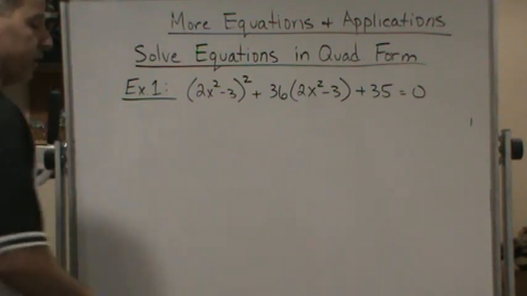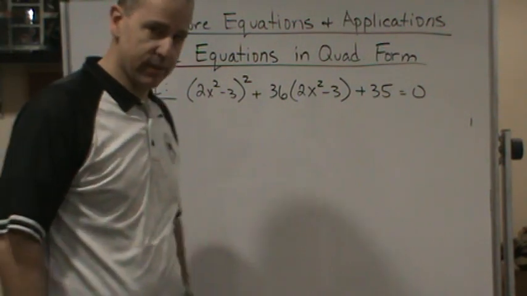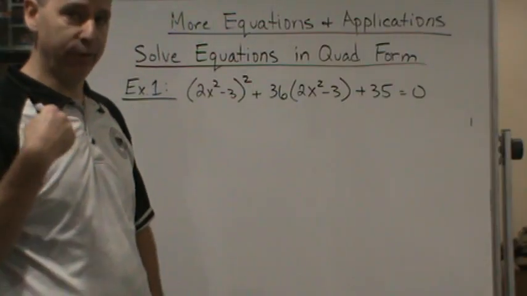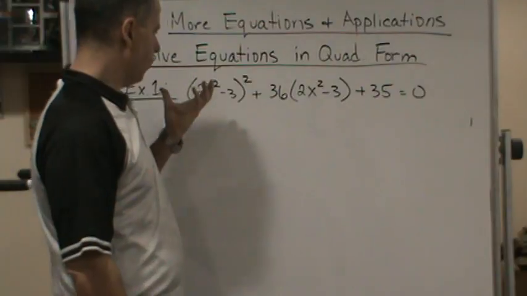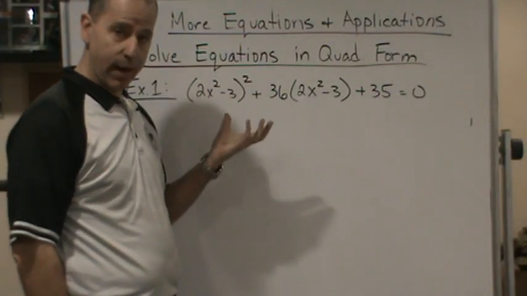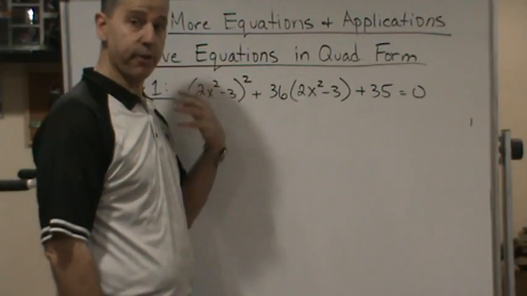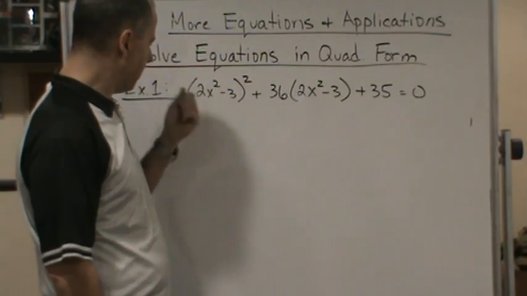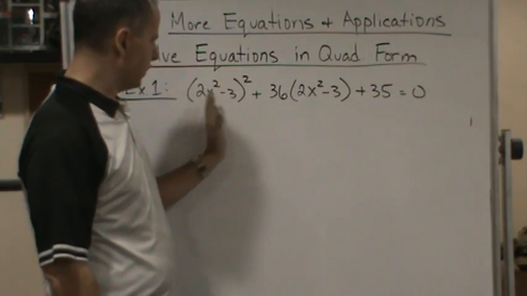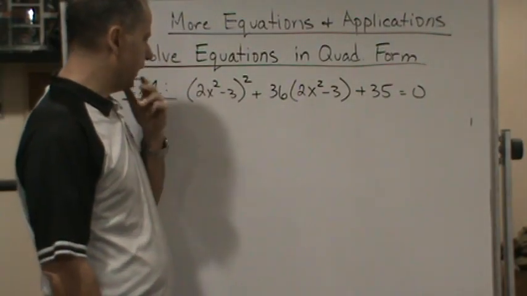All right, so now let's talk about solving equations that are quadratic in form, okay? So what I mean by that is it looks like a quadratic equation, or it has the form of a quadratic equation. So in this case here, it looks like a very complicated, busy looking equation.